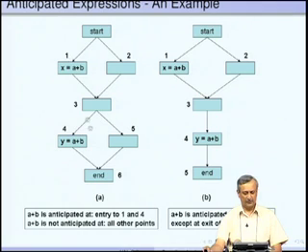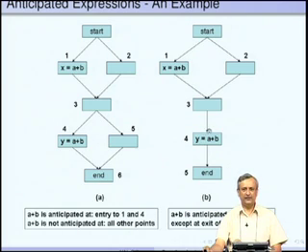Okay. So, that is how it is, and at any other point a plus b is not anticipated. Why? Let us take say 3. Along this path a plus b is computed, no problem, but along this path a plus b is not computed. That is the reason it is not anticipated either at this point or any of these points for that matter.